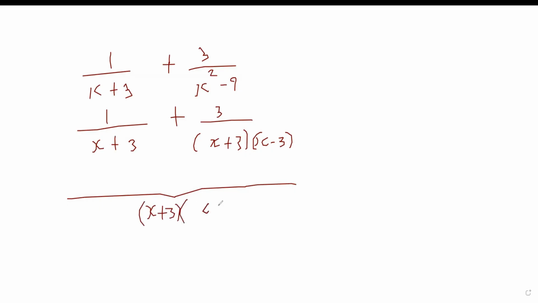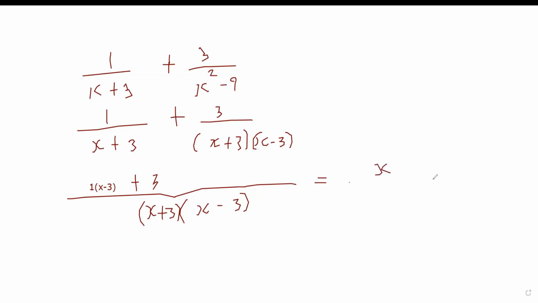And so now we say x plus 3 into x plus 3 times x minus 3. That leaves x minus 3. So in the numerator, we're left back with 1 times, in bracket, x minus 3, close the bracket, and then you put your plus 3. So simplify our numerator, that becomes x minus 3 plus 3 is just x.